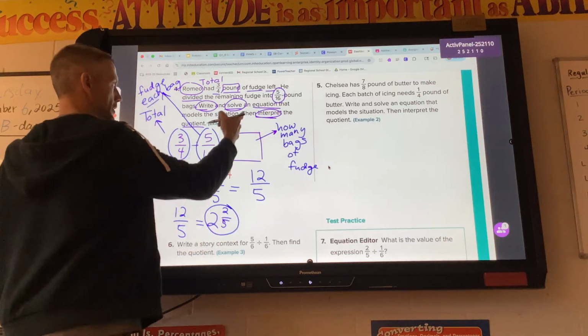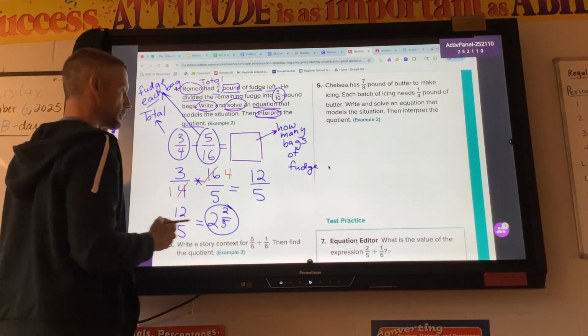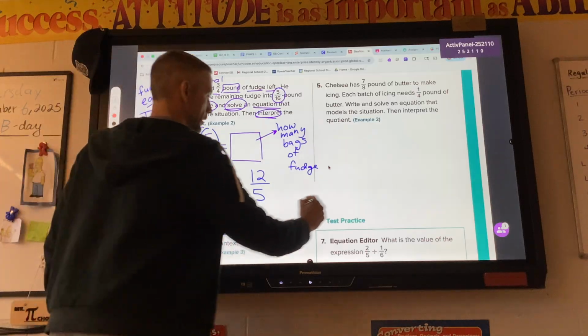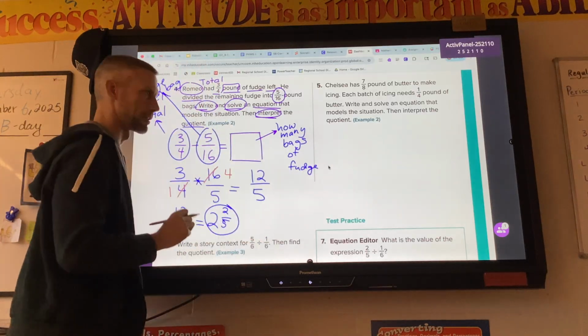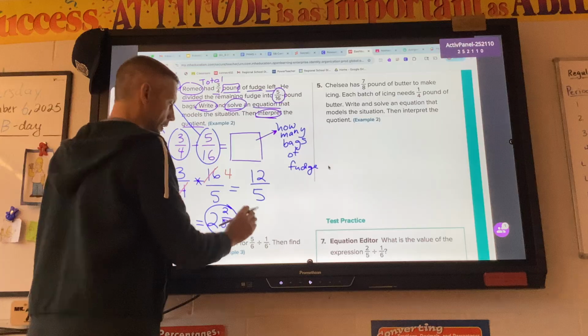So now we have to write a sentence, because we have to interpret the quotient. I don't have room to write it here. It's probably going to go into the next problem. This would be good to use your notebook or write smaller and be able to fit it down here.